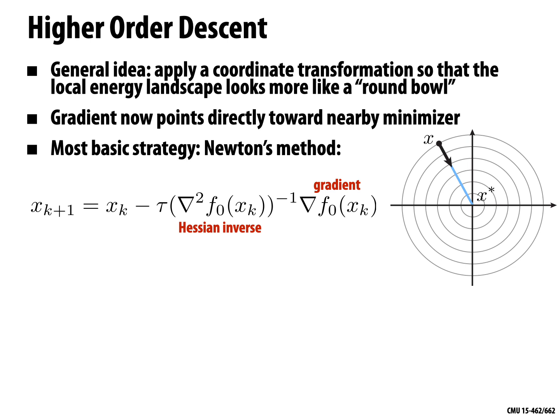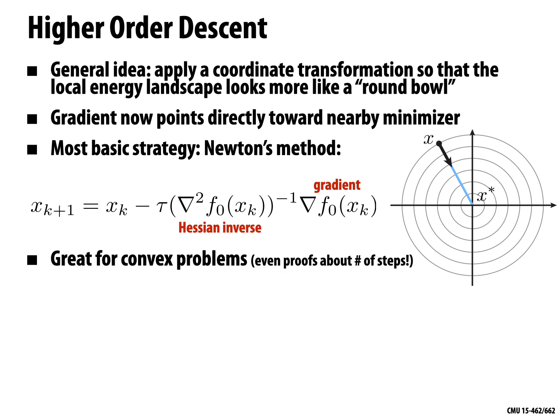Okay? So this is particularly great for convex problems. In fact, there are even proofs showing that in general, you're going to take only about 5 or 6 Newton steps to get to a local minimizer once you're in the bowl-like region around the minimizer.